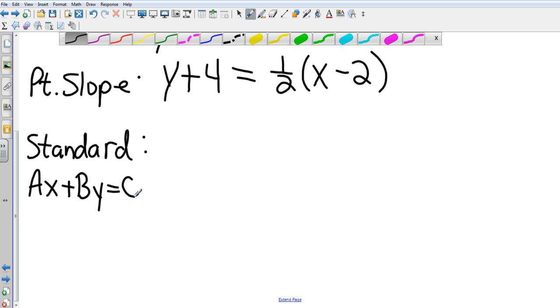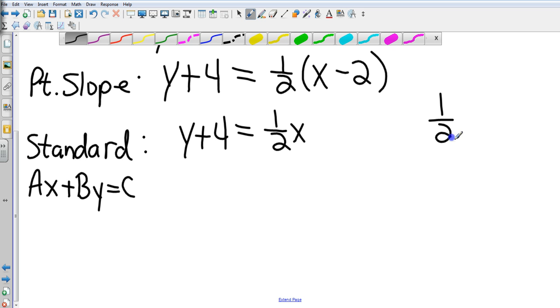First, I have to do this distributive property. So that's going to be y plus 4 equals 1/2 x, and then what is half times -2? 2 goes into -2, -1 times, so that's going to be a -1.